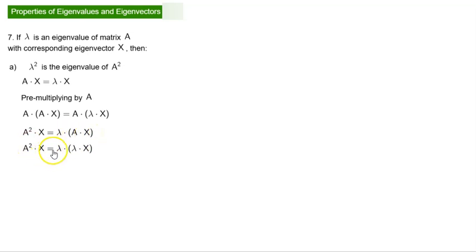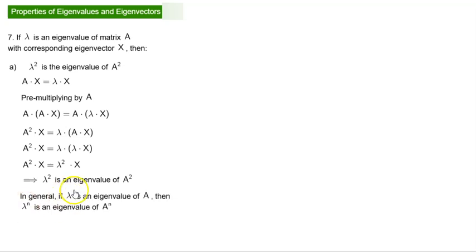Now lambda times A times x can be written as lambda times lambda x, because A times x is equal to lambda times x. And we arrive at A square x is equal to lambda square times x, which implies lambda square is an eigenvalue of A square. And in general, if lambda is an eigenvalue of A, then lambda to the power of n is an eigenvalue of A to the power of n.